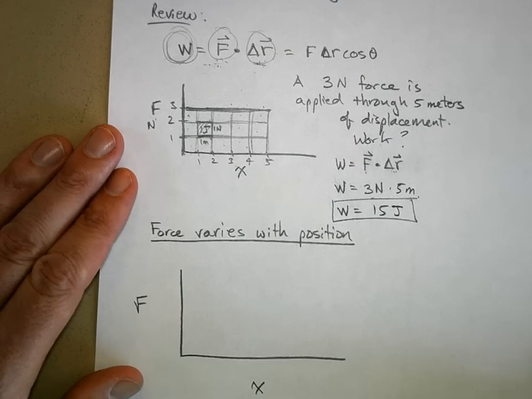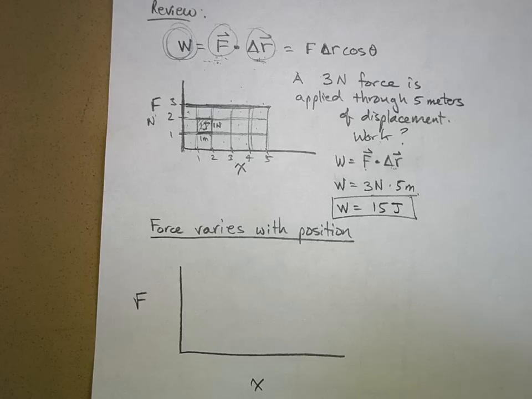Now this is very common. You can have in a machine, for example, a force where there's a cam and a spring and other things going on, where the force that's being applied depends on where the object is. I mean, a bow and arrow, right?